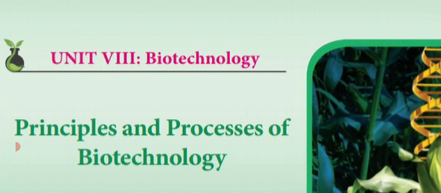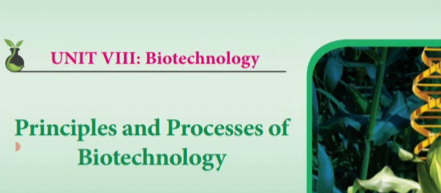Dear students, in the previous video class we saw screening for recombinants. That means how we can identify the DNA or RNA molecules present in the chromosome. They should be isolated by different methods, known as the screening process.